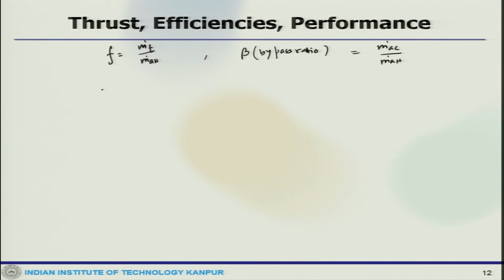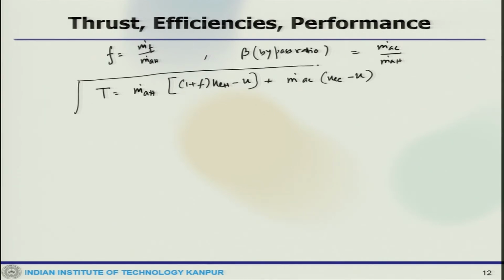Using this we rewrite the equation for the thrust: m dot a times (1 plus f) U_Eh minus U, plus m dot a times (U_c minus U).